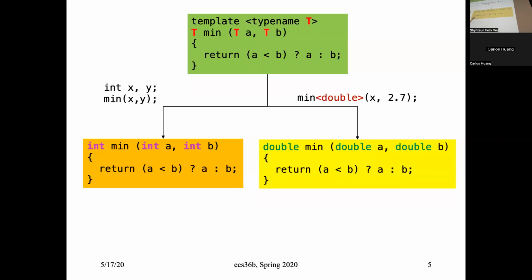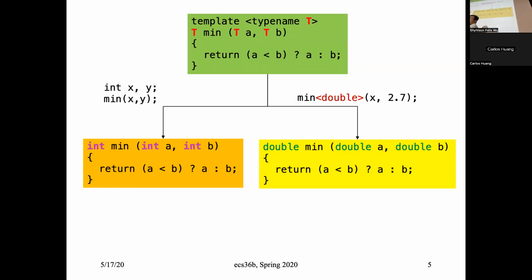So the template instantiation generates this code. How does that happen? Because the typename T is now double. So essentially I say double min, double A, double B, and return A smaller than B. So that is a function template, okay?